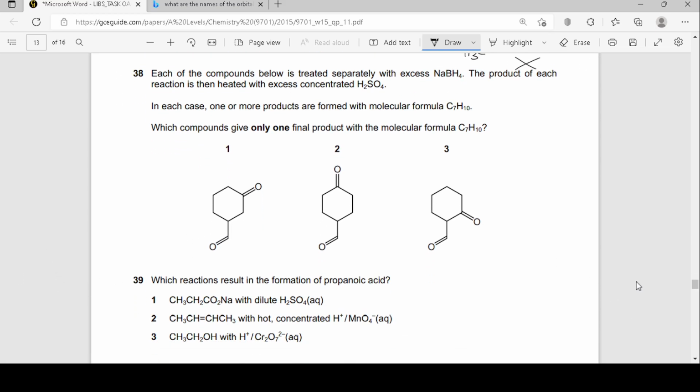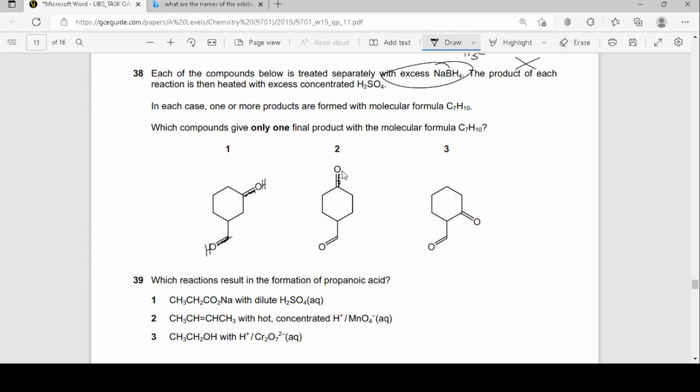Each of the compounds below is treated separately with excess of NaBH4, the product of which reaction is then treated with excess of concentrated H2SO4. So NaBH4 is a reducing agent, so if I react it with NaBH4, what will I get? Well, this will get reduced to OH, and my aldehyde will also get reduced to OH over here, right? So that's what I get.